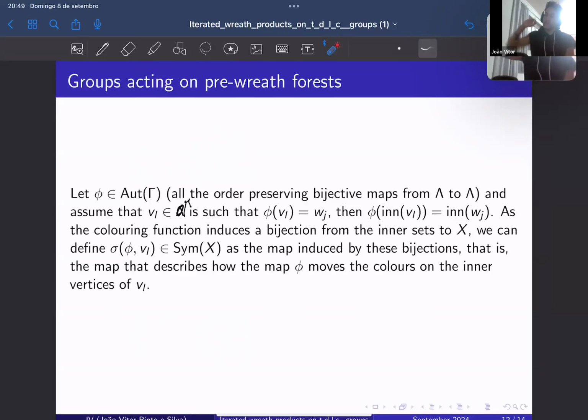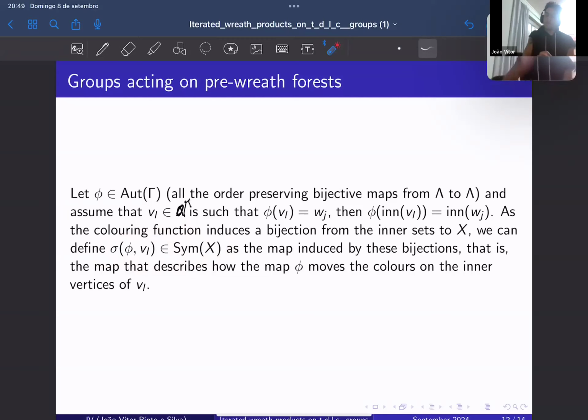coloring, right? So looking at how phi moves the inner vertices from here to here, by looking at how these bijections on the set X are, we can define an element from the symmetric group of X in relation to this action.